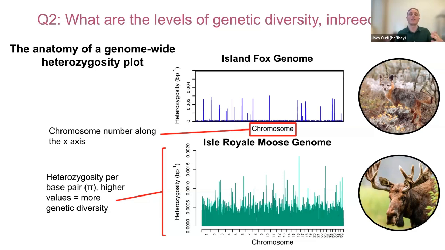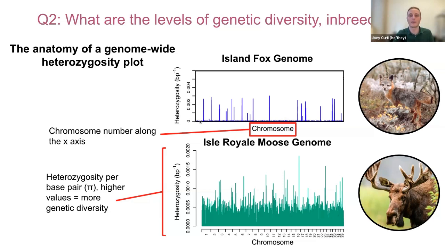And you can imagine, just like you and I, we inherit half of our genetic material from our father, half from our mother. If our mother and father are closely related individuals, it's more likely than not that we inherit the same gene or the same nucleotide at any given location, because our mother and father might have been closely related. And what that looks like when we look at these genome-wide plots is a sawtooth pattern.